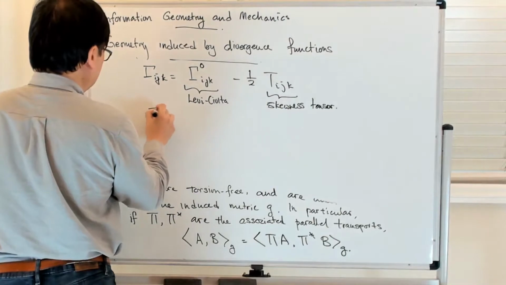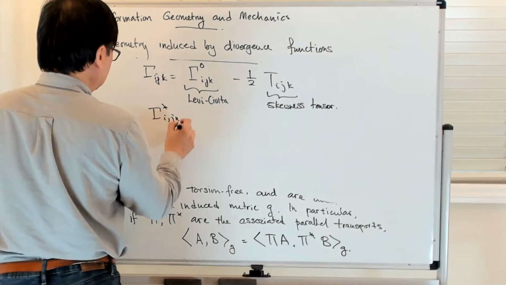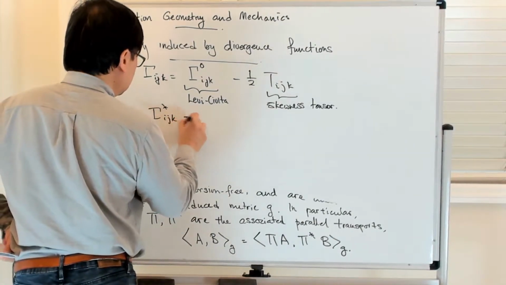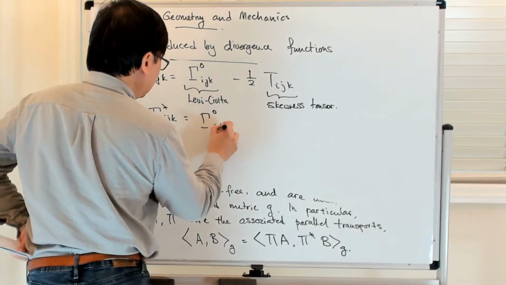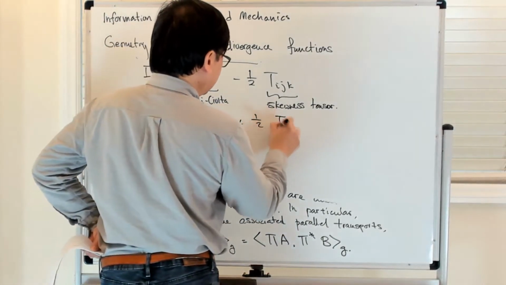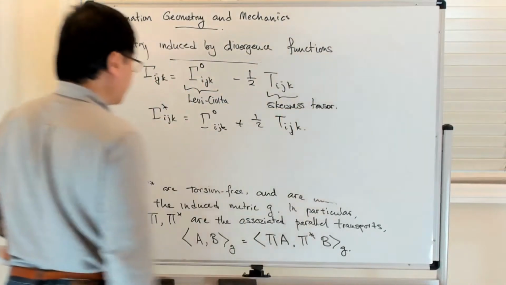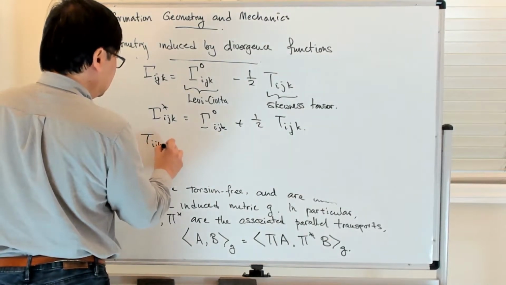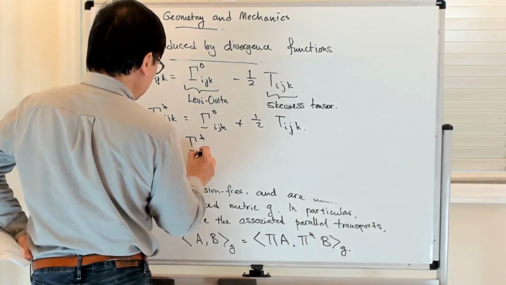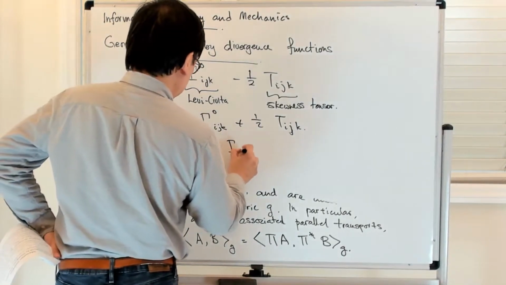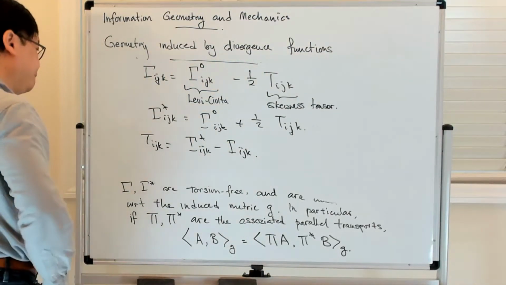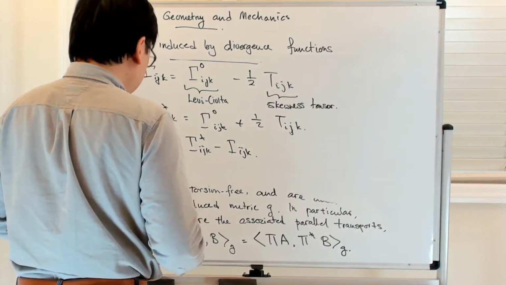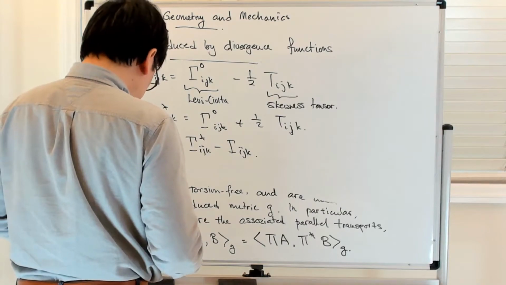Okay, and then gamma star ijk is going to be the Levi-Civita connection again, right, plus 1/2 the skewness tensor. Okay. So another way to see it is that the skewness tensor is equal to gamma star ijk minus gamma ijk.